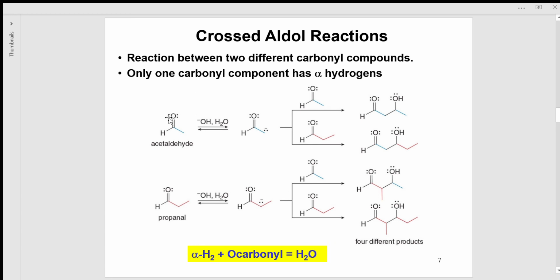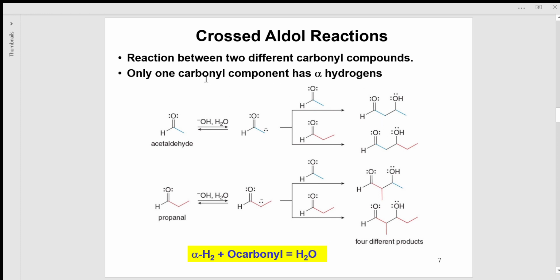But if we have two different aldehydes here, like this aldehyde and this aldehyde, we are going to form this product and this product. It's a mixture. For organic synthesis, we will always want to make pure molecules.